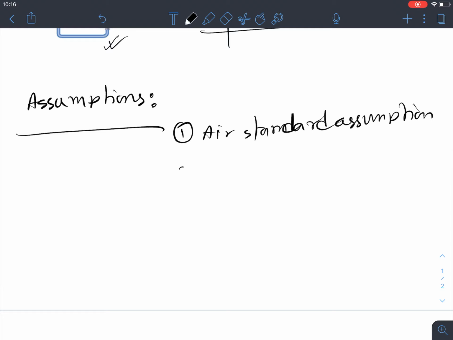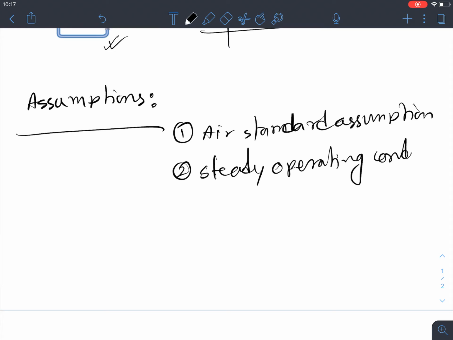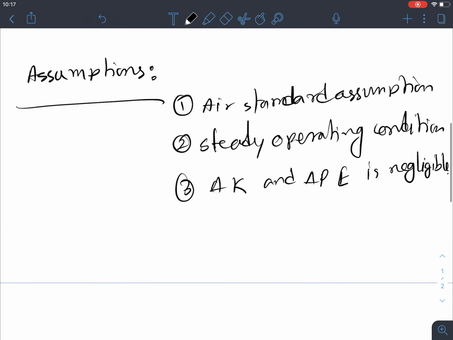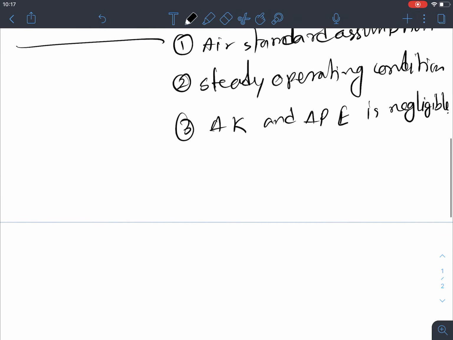And then steady state operating condition. And then number three is kinetic energy and potential energy change is negligible. Okay, now and also, since it's a gas power cycle, we will use the air properties, right?